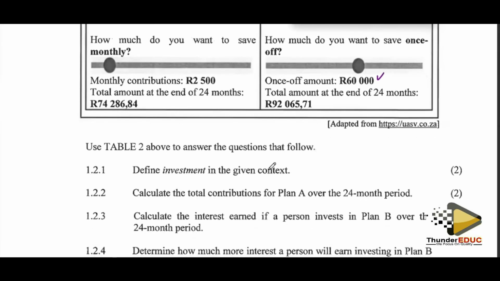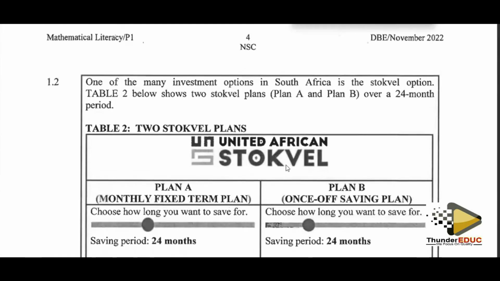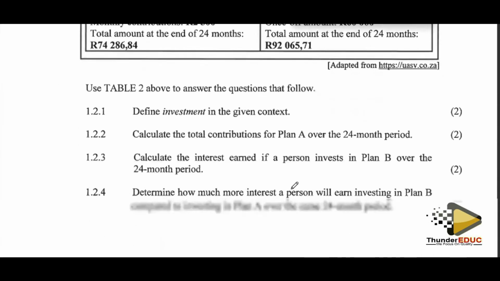They say, define investment in a given context. Now, look at this. Investment. You can pick it even from here. Investment option in South Africa is a stokvel option. Why do people invest anyway?